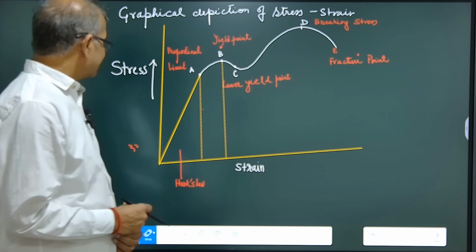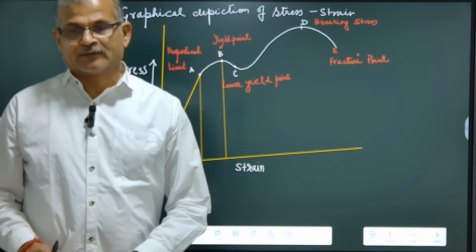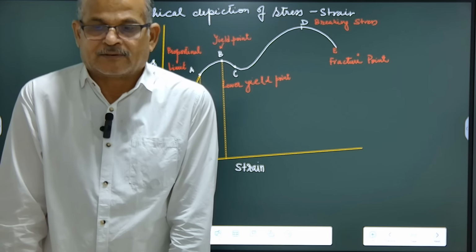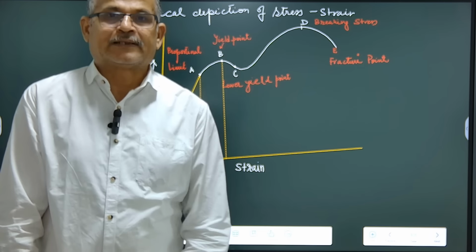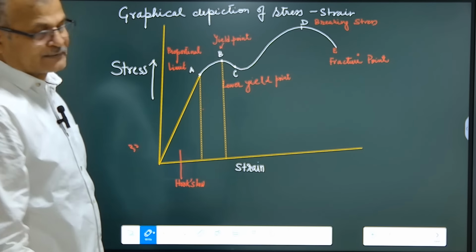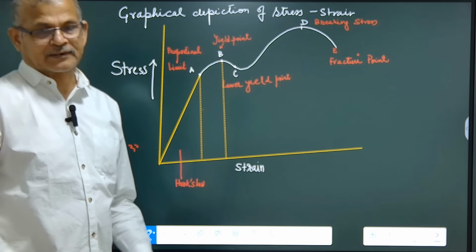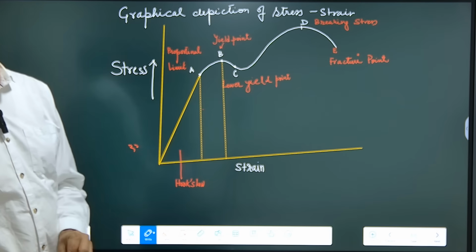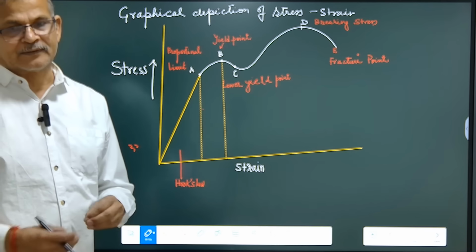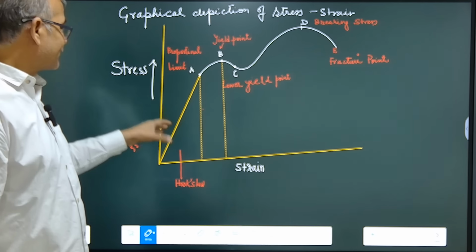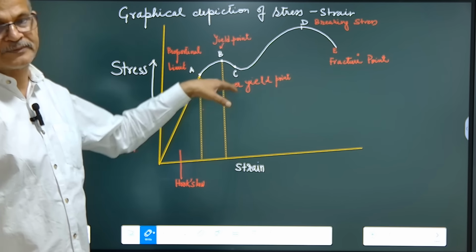This is the stress strain graph of a metal. When we apply the load, this stress strain graph comes after determining the force versus elongation. Then it is converted into stress and strain and a graph is drawn.